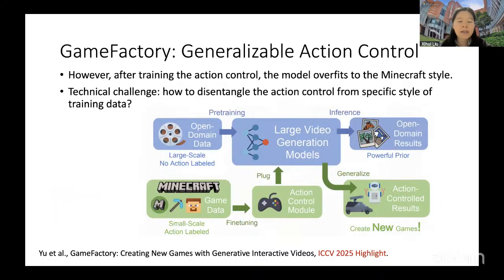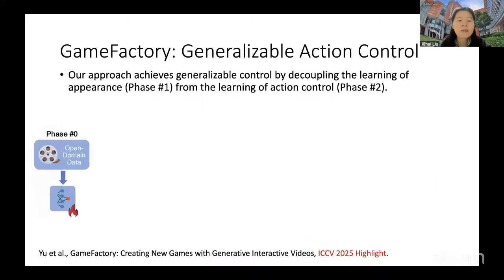So the key technical challenge is how to disentangle the action control from the specific style of the training data. For example, we can only get the action control data from specific games, but how can we disentangle the style of this specific game and the action control capability of this data? So in this work, we propose a multi-stage training strategy to do the disentanglement.